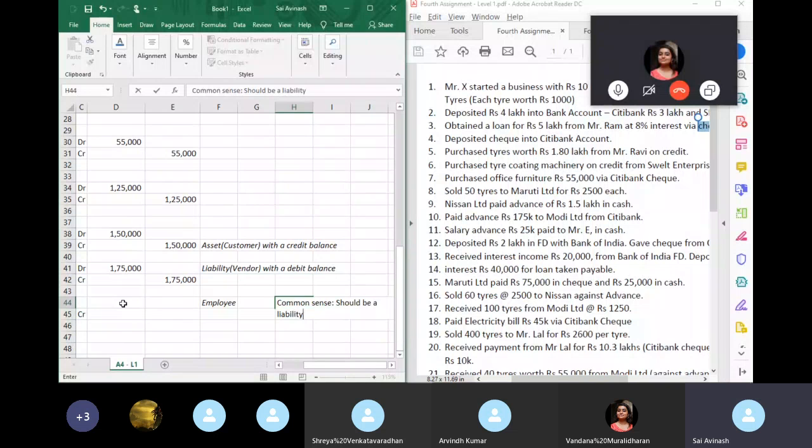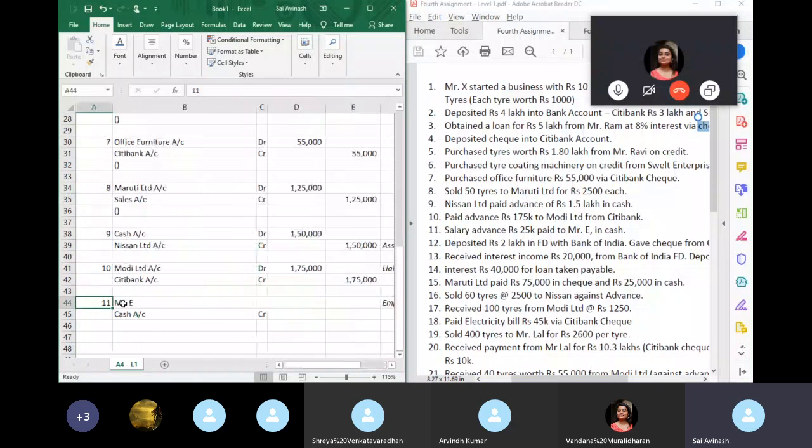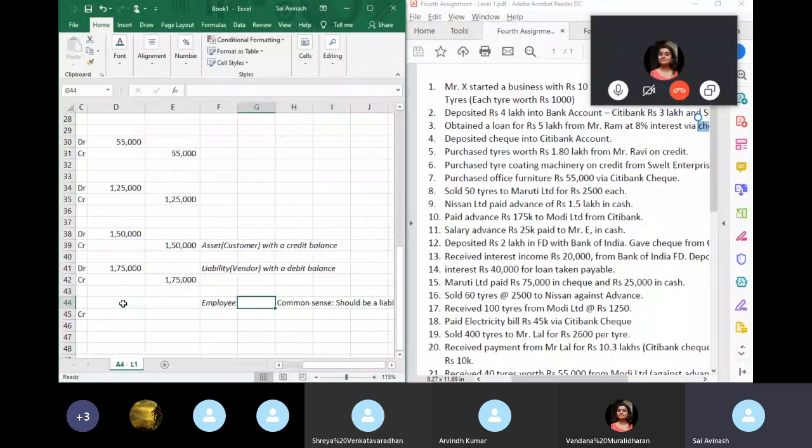However, in this case, we are giving him an advance. A liability is typically something that has a credit balance, but here we are debiting him. So similar to above, this is a liability with a debit balance. This is an employee. Don't get tensed if you're feeling a little lost.